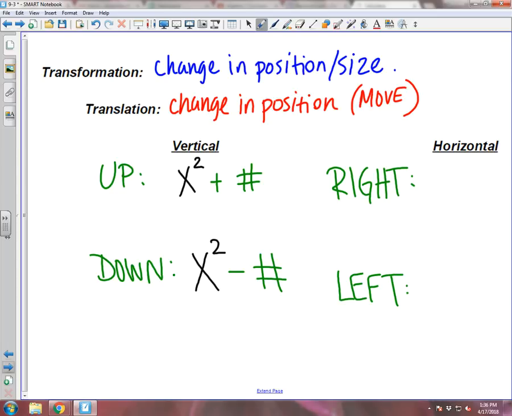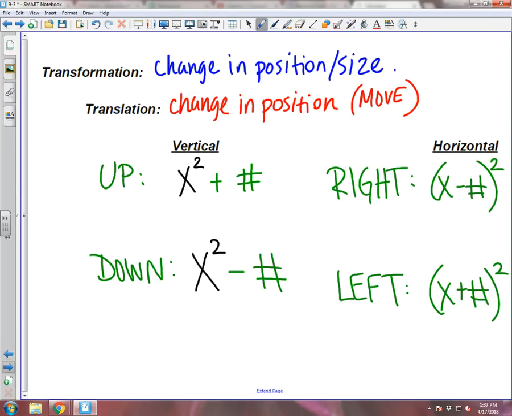If I go that direction on the x-axis, normally we're adding things, aren't we? Going that way. But it's actually the opposite. Okay, we are actually going to subtract a number inside of there to move it to the right. Which means if I want to move it to the left, I will then add a number on the inside.